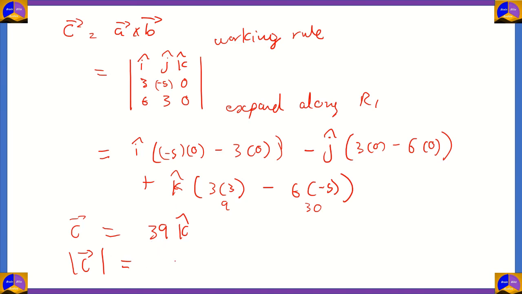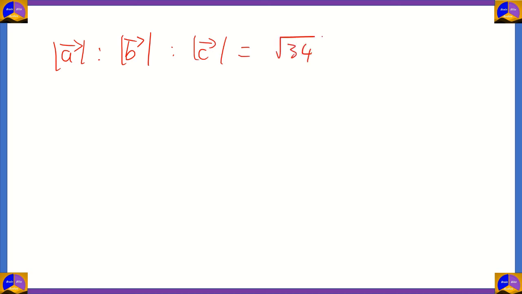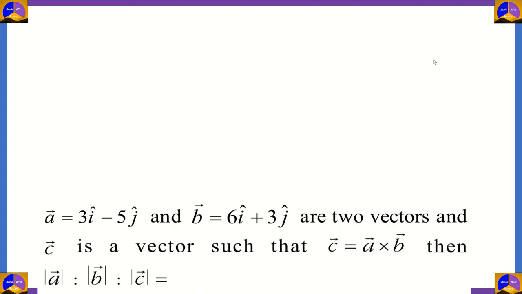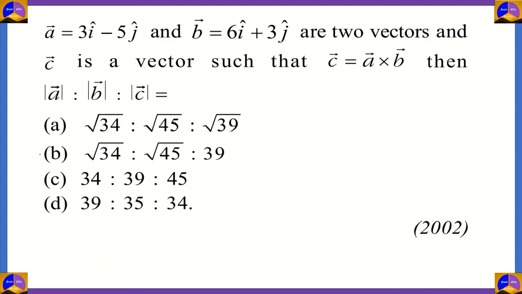So modulus of vector C will be equal to 39. So that means the ratio modulus of A is to modulus of B is to modulus of C will now be equal to under root of 34 is to under root of 45 is to 39. So that means in this question, option B is the correct option.